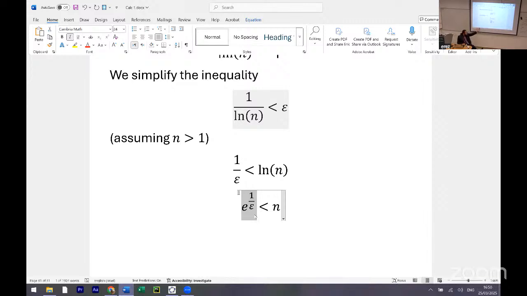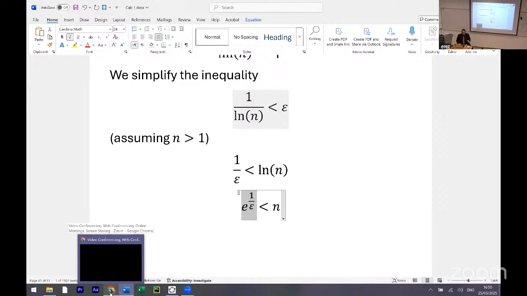We saw that the k was quite large even for a minimalistic epsilon, even 1 over 7. Why? Because if epsilon is 1 over 7, you get here e to the power of 7. That's a huge number. Look at it. E to the power of 7 by the experiments is definitely more than 1,000.